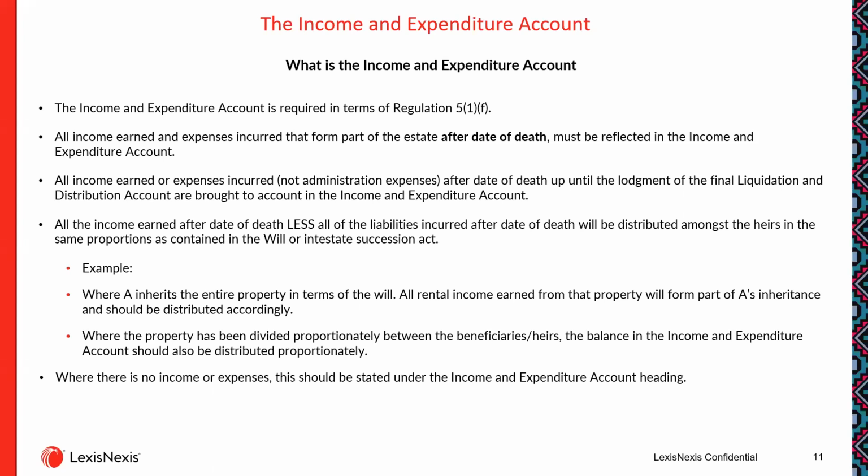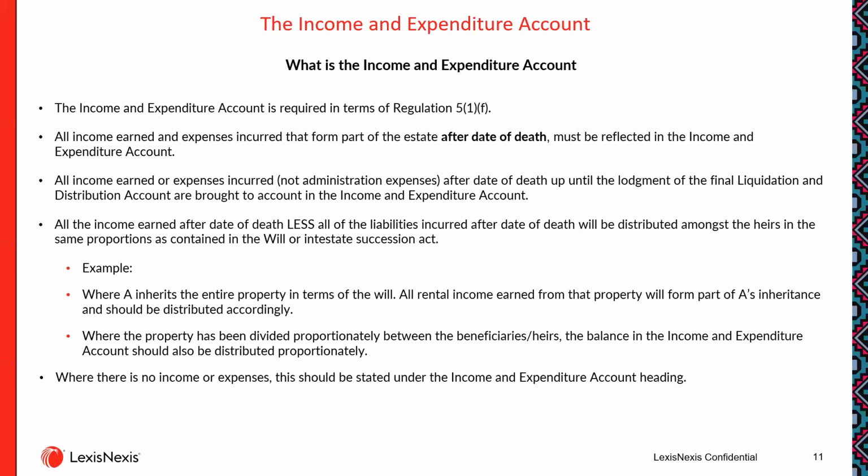And now we've already distributed those assets in terms of our distribution account. When we get to our income and expenditure account, we look at regulation 5.1(f). In our income and expenditure account, we deal with any income earned or expenses incurred after date of death, because we haven't dealt with these in our previous accounts yet.